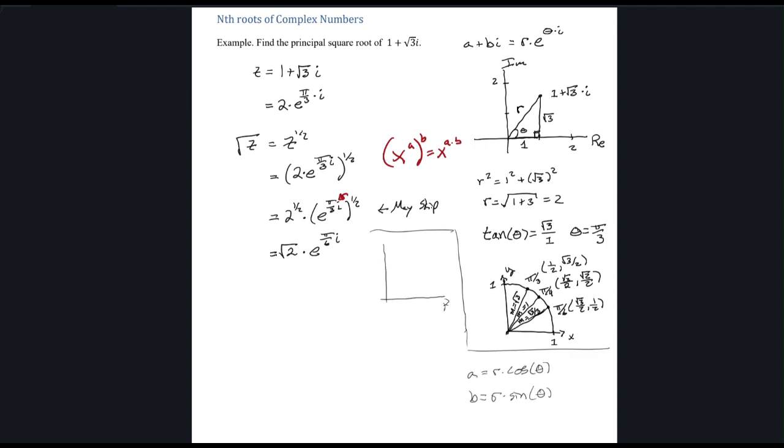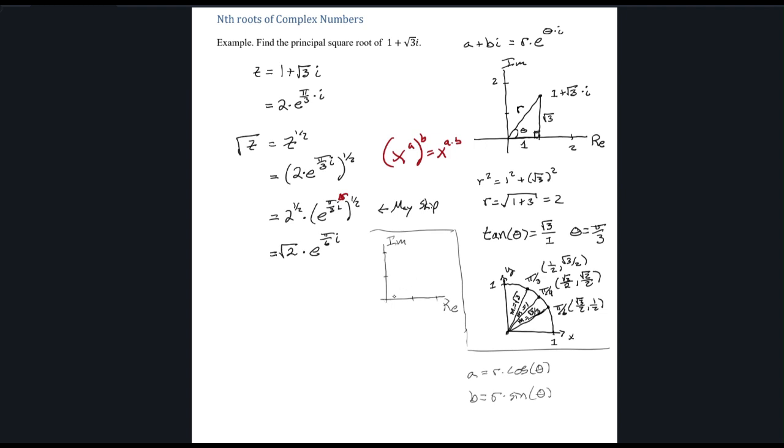So we have our real and imaginary axes. Square root of 2 is about 1.3, if I'm remembering correctly. Double check that. 1.4.